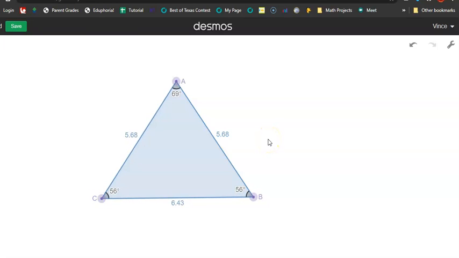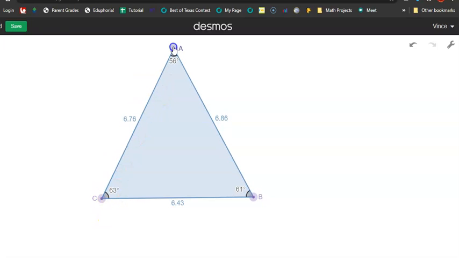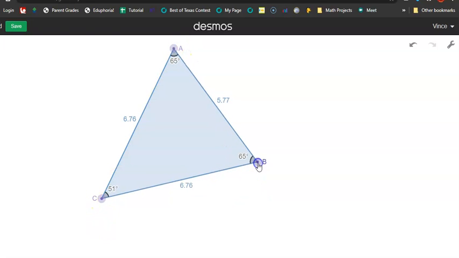So if the sides are the same length, both of them are 5.68, notice those opposite angles there are congruent to each other. So here we have this isosceles triangle, and the base angles are congruent. All right? Every time as I move it out, well, now those aren't the same length, are they? There you go. 6.76, 6.76, and we have 65 degrees on both of them.